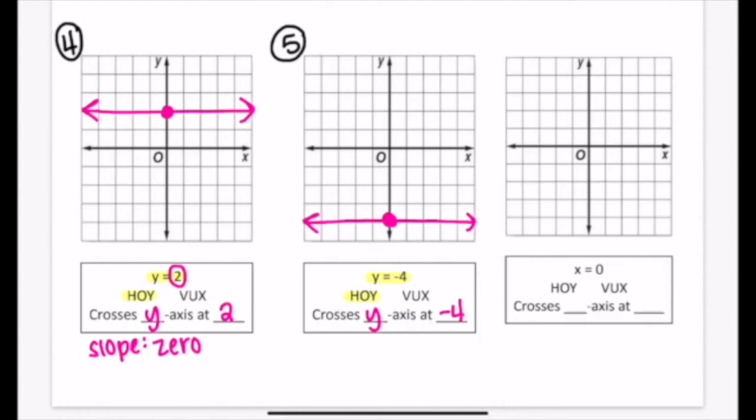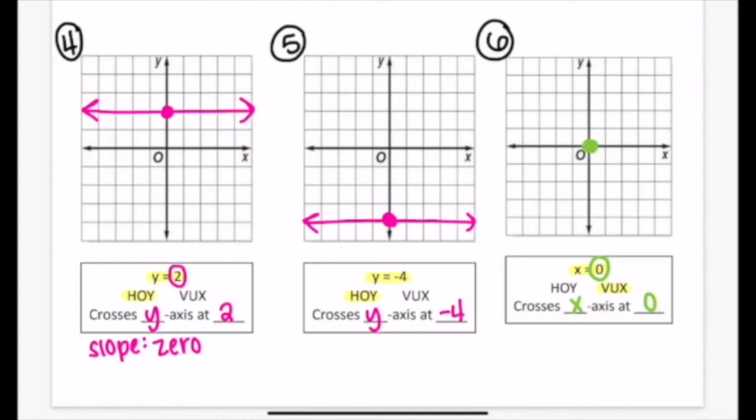And finally, example number 6, we have x equals 0, so we're going to think VUX, V-U-X, vertical, undefined slope, x-axis. So it's going to cross the x-axis at 0. So on the x-axis, 0 means you don't move left or right at all. You're just going to stay right at the origin.